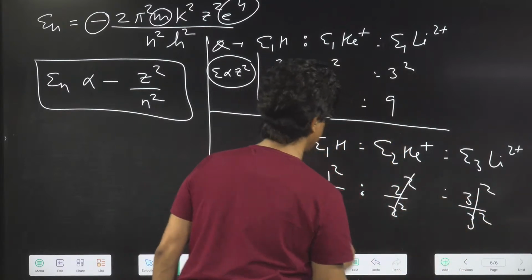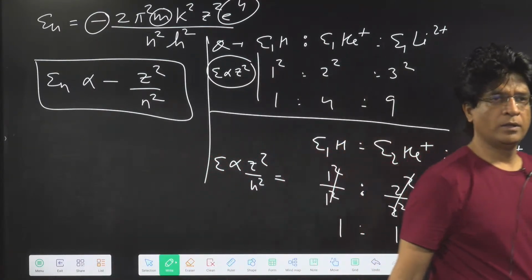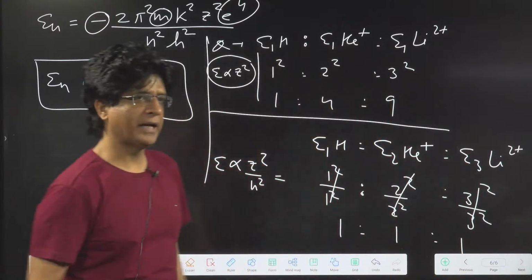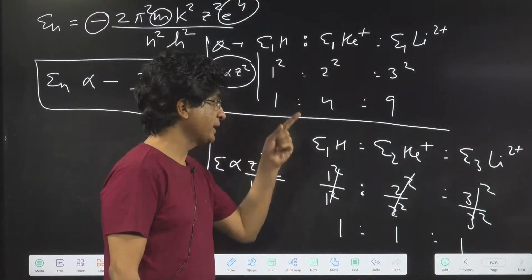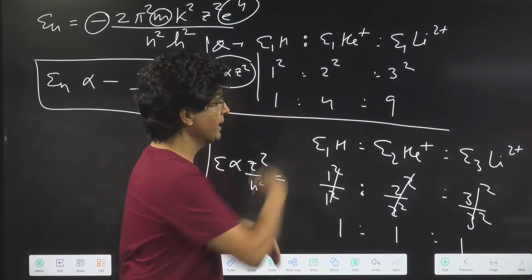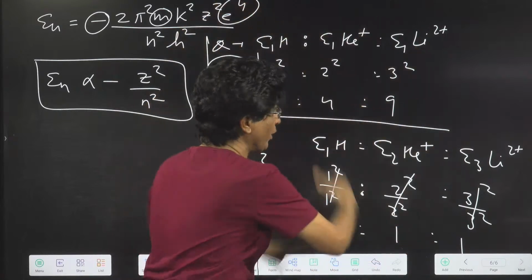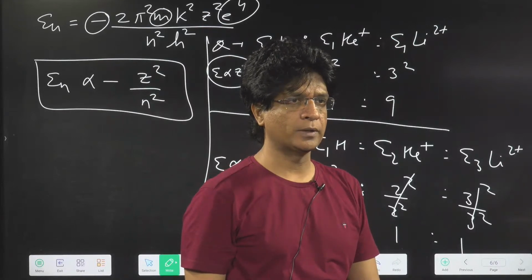They will cancel out, and it is 1 is to 1 is to 1. So can I say, beta, that energy of orbit number 1 of hydrogen is equal to energy of orbit number 2 of helium plus? But revise them multiple times, because there are many questions which will be based directly on these results we are getting right now. Getting it?